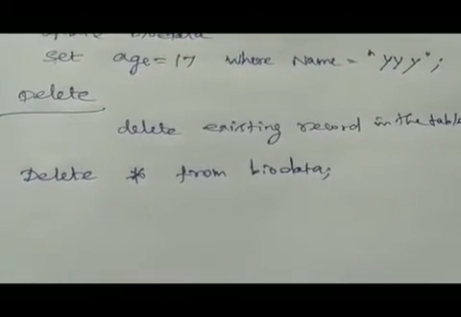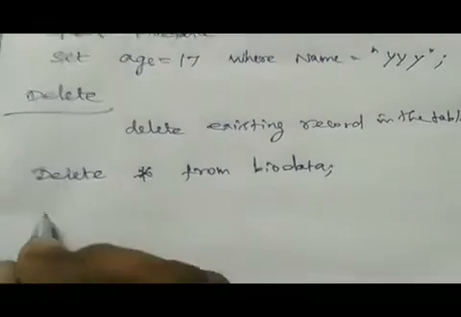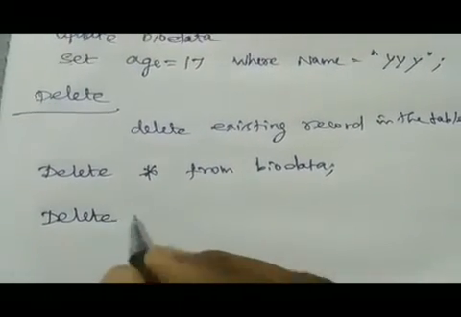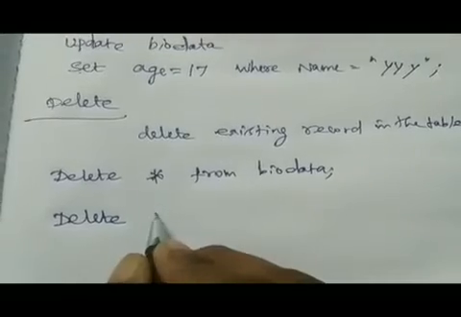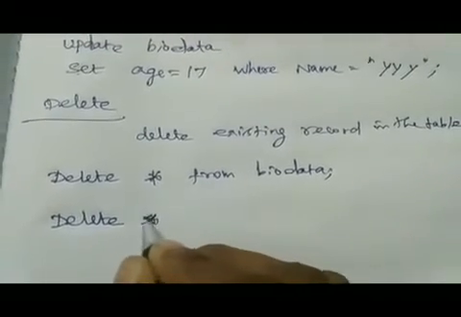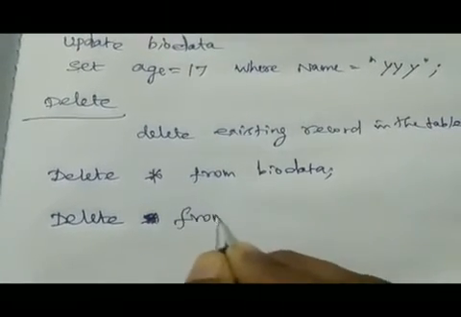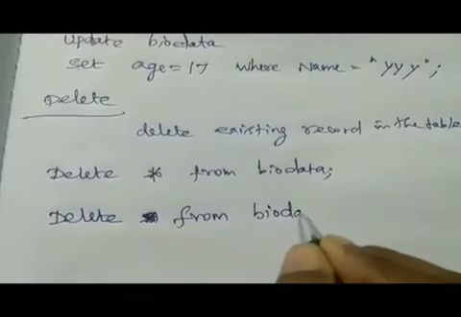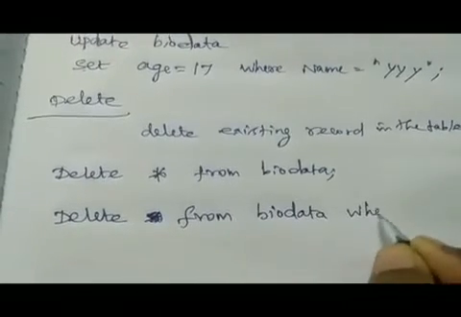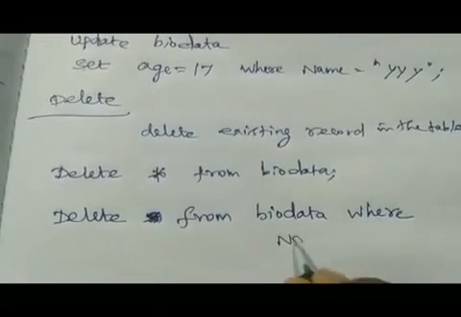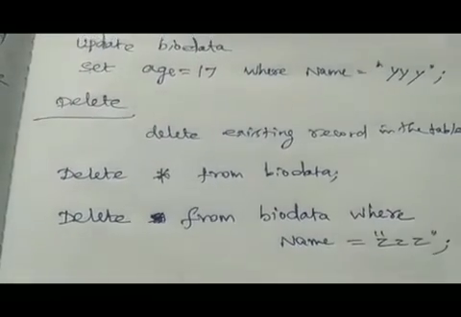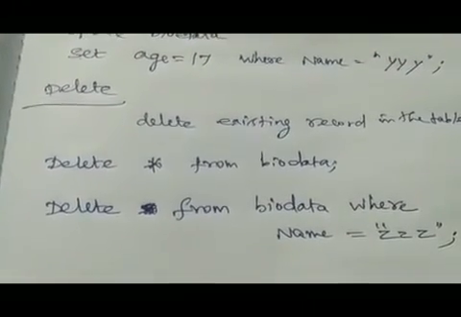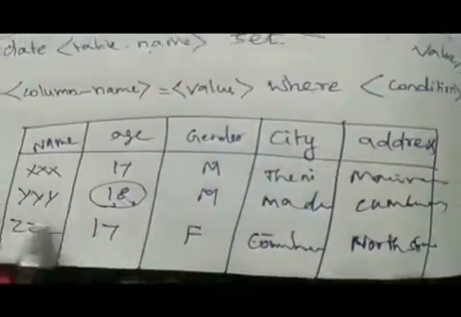If you want to delete a particular record alone, what do we have to do? Delete. Then we have to specify the column or record. See here, delete, no need to put the asterisk, delete from biodata, where we can specify the condition. For example, name equal to ZZZ. What will happen after executing this command? In our table, the ZZZ row alone gets deleted.